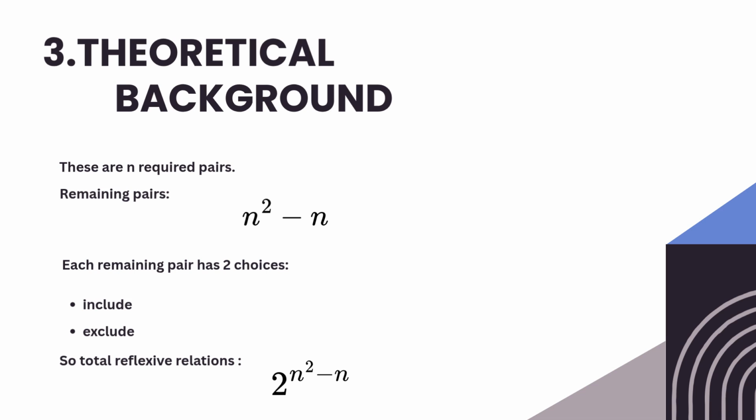That is why the total number of reflexive relations on a finite set is 2 to the power n squared minus n. This formula helps us understand the structure of reflexive relations in a simple mathematical way. So through this project, we were able to understand the concept of relation, reflexive relation, Cartesian product, and the formula for counting reflexive relations.